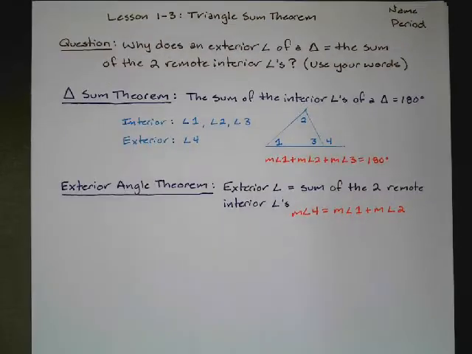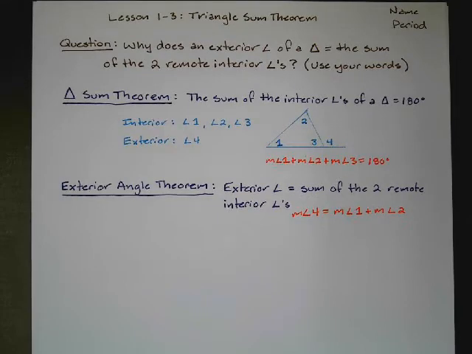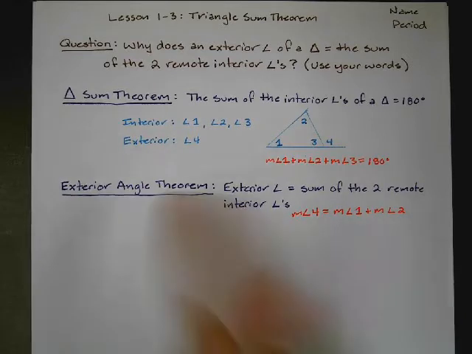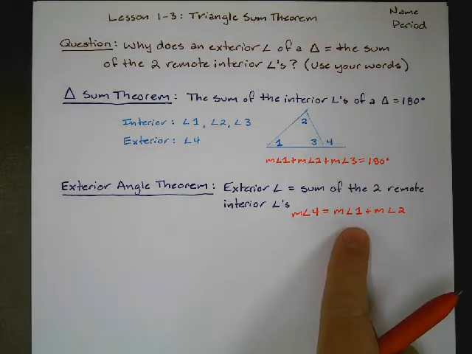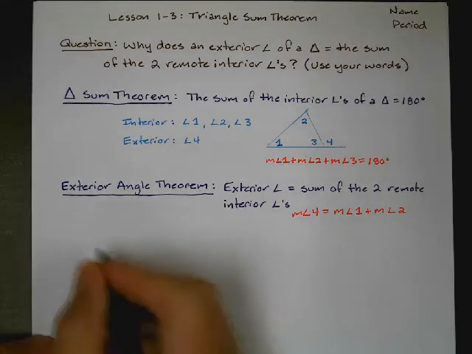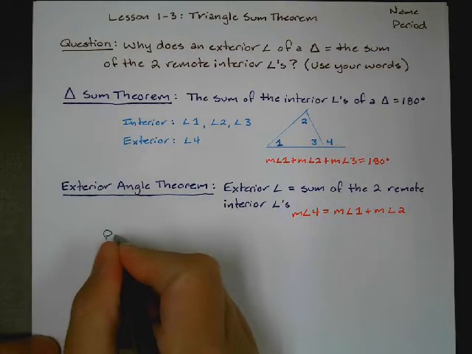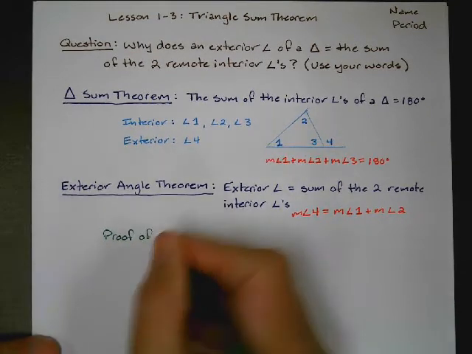All right, so what we're going to do is prove that these two theorems are correct. If it says theorem on it, it can mathematically be proven. So we're going to prove that the exterior angles do work every single time, like we said they do right here in this equation. And we know that the sum of the interior angles is always going to work. So let's do the proof of the exterior angles theorem.